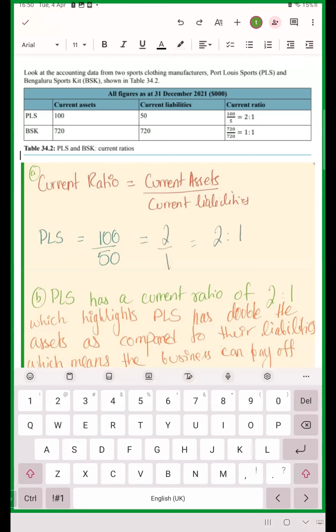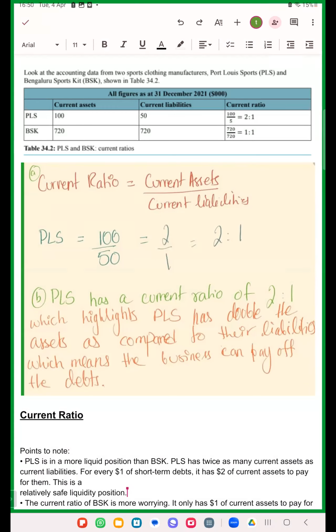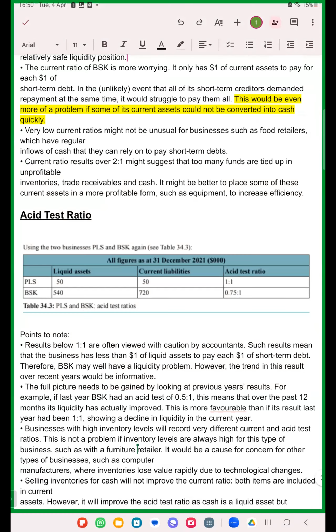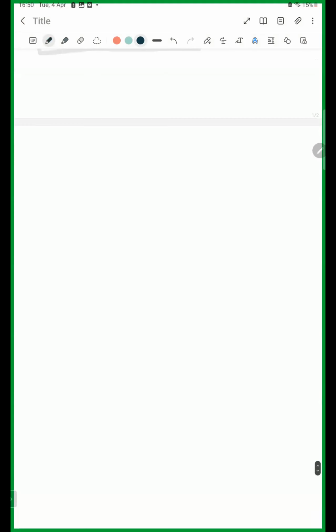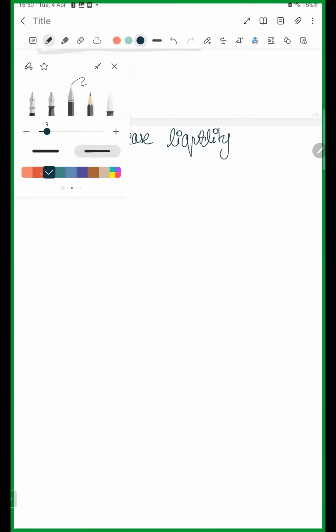By the way, what are the methods that you can adopt to improve your liquidity? Let's have a look at that first. Methods to increase liquidity. First aspect: how do you think you can improve your liquidity?